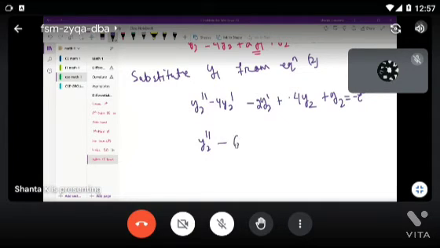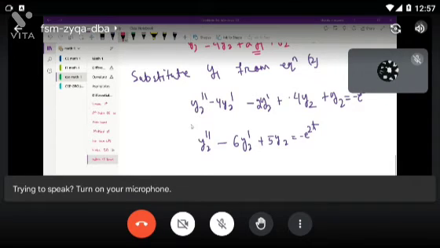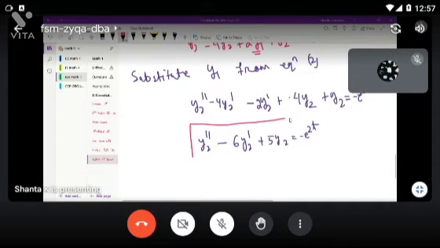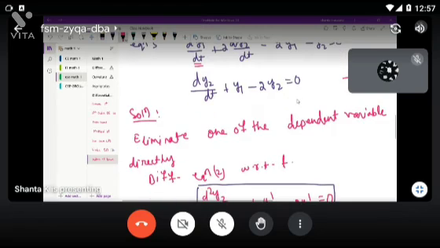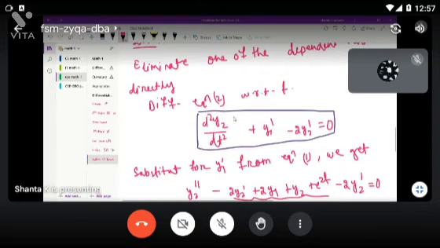So it will be 6y2 dash plus 5y2 equals minus e power 2t. So now we are able to reduce this equation. The first thing is we differentiate the second equation, because the second equation is the easy equation. You see this side is 0. That's why we differentiate the second equation with respect to t.